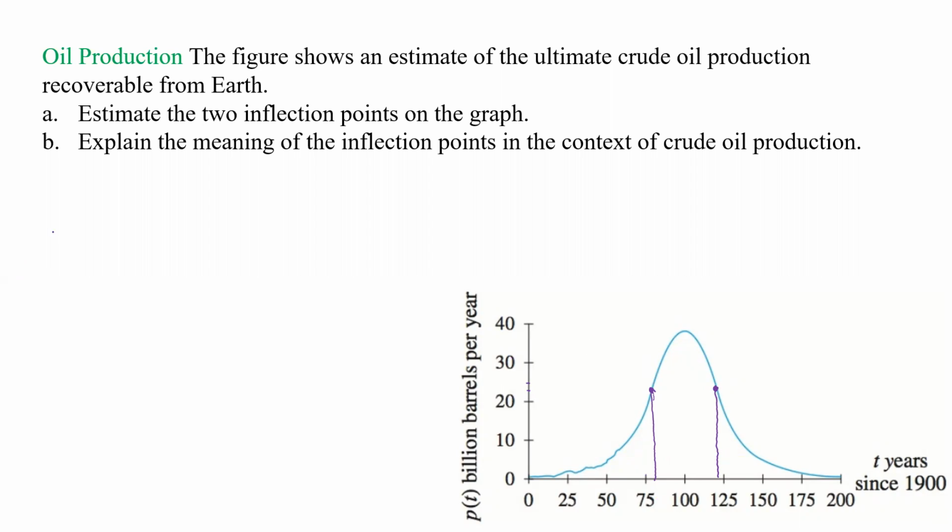So we might have the points of inflection of maybe close to 80 and 23. And our other one, maybe 121 and 23 as well. Okay, so that might be our two points of inflection.